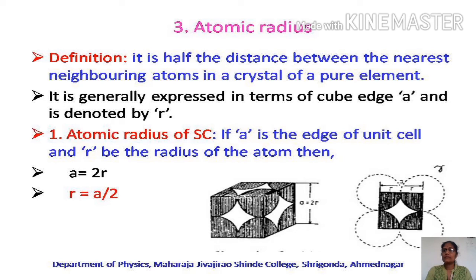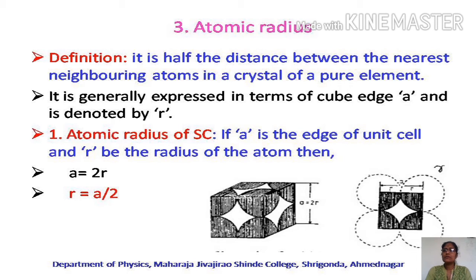It comes out as half the distance between nearest neighboring atoms in the crystal of a pure element. So, if I want to calculate this atomic radius in case of simple cubic structure, then the figure will be like this. The corner atoms are the nearest neighboring atoms, and the distance between the corner atoms is nothing but the lattice parameter A in case of simple cube.